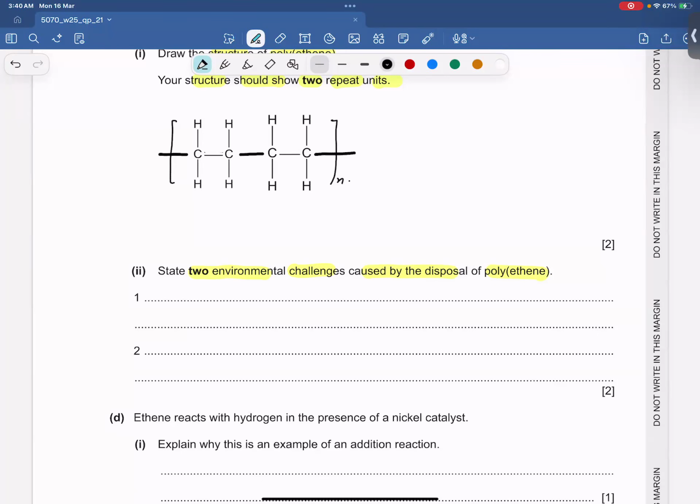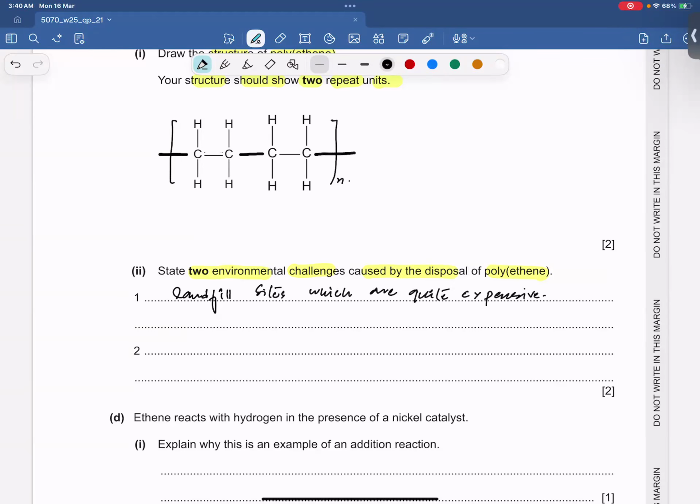So we need to place them in landfill sites, which are quite expensive and occupy a larger piece of land.